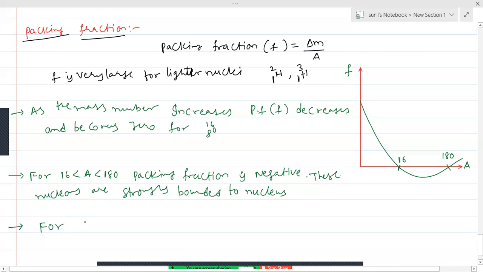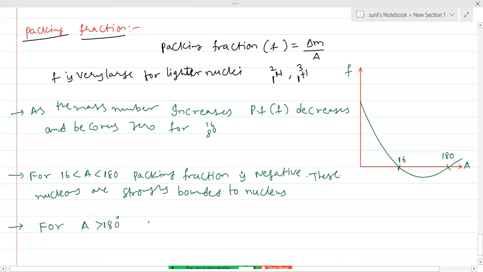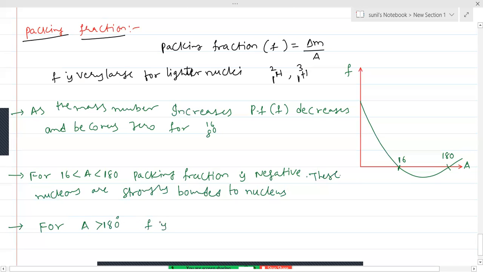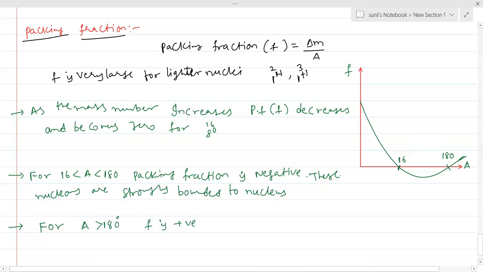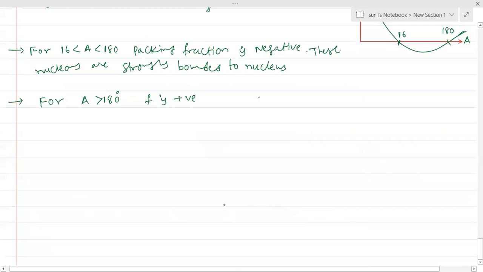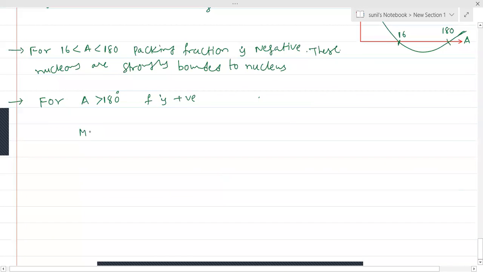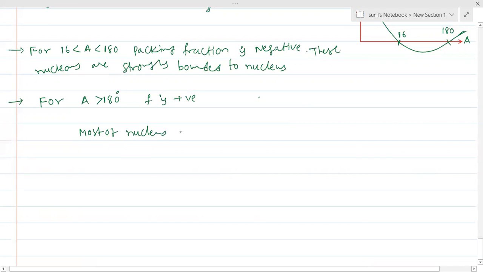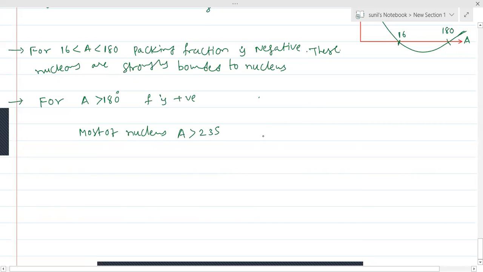And for mass number more than 180, f is positive, so the graph is going to be positive after this. And most of the nuclei with mass number more than 235 are unstable.